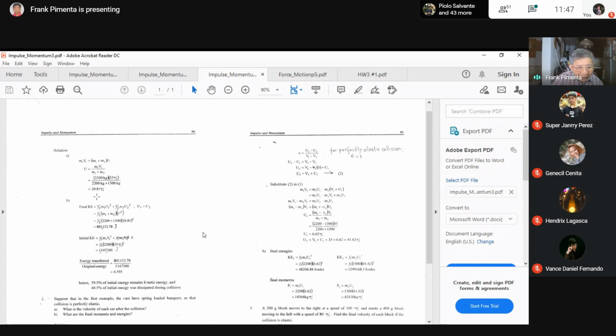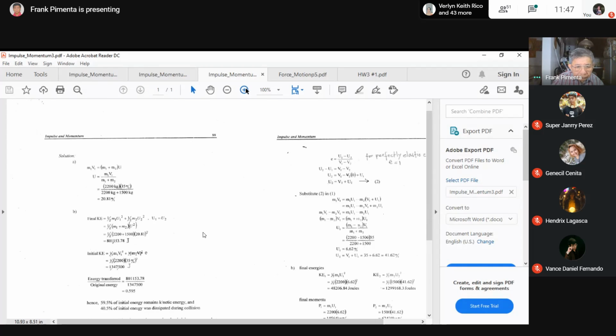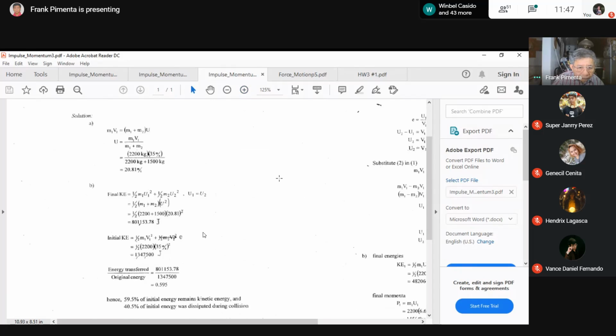And the final common velocity is 30.18. U is not percent, but meter per second. That is the unit for velocity. There, meters per second.